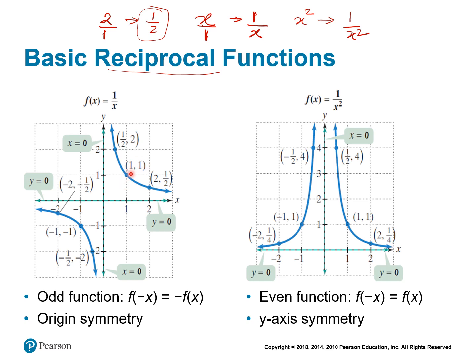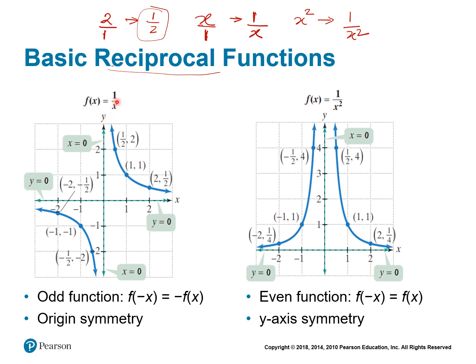So this point would become negative 1, comma negative 1. This point up here, which has the coordinates half comma 2, is going to become negative half comma negative 2. That's what makes it an odd function, and an odd function will have symmetry about the origin. It's going to be a mirror image of the graph across the origin. It has an origin symmetry.